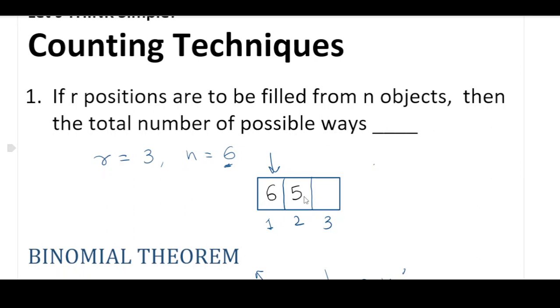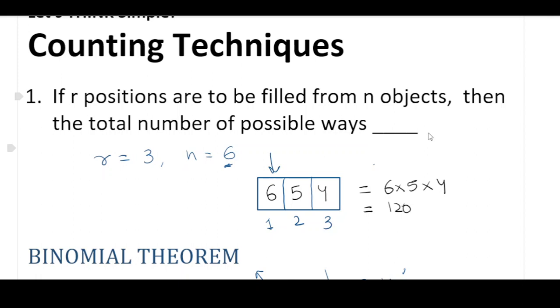I don't know who, but the remaining 5 choices I have for the second box. Similarly, for the third box I have a total of 4 choices. So the total number of possible ways would be 6 times 5 times 4, which is 120. So there are 120 possible ways of filling these 3 boxes out of a total of 6 objects.